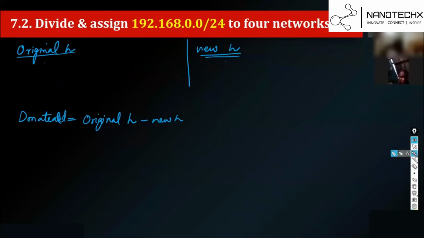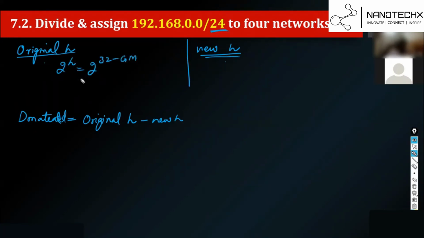So let me show you how to calculate. How to find the original H, we already know. The formula is 2 raised to power H is equal to 2 raised to power 32 minus given mask.